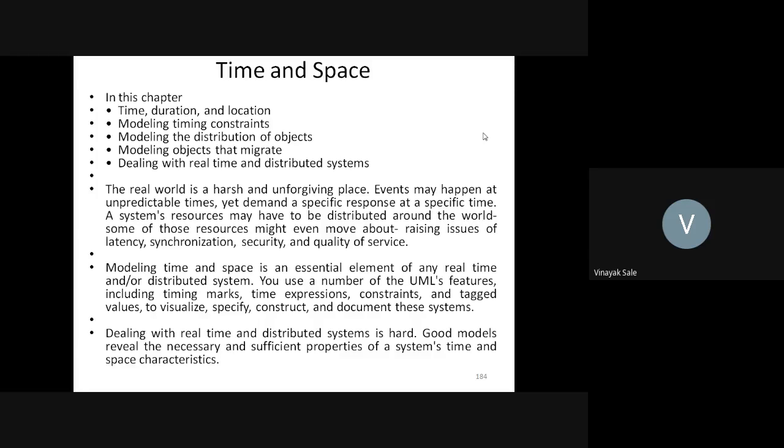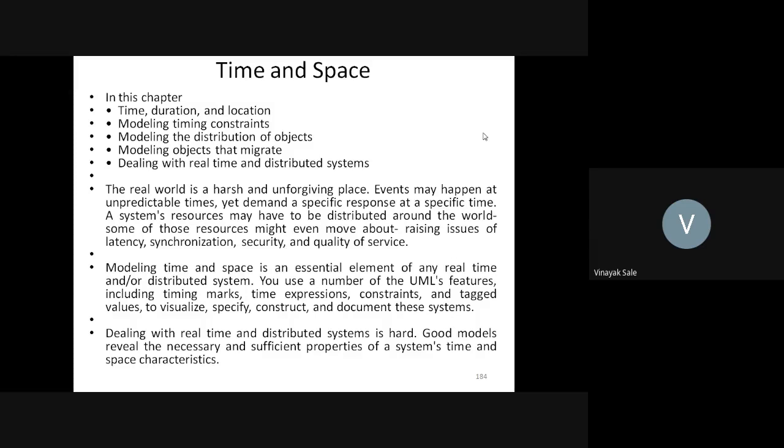The real world is a harsh and unforgiving place. Events may happen at unpredictable times and demand a specific response at a specific time. A system's resources may have to be distributed around the world.